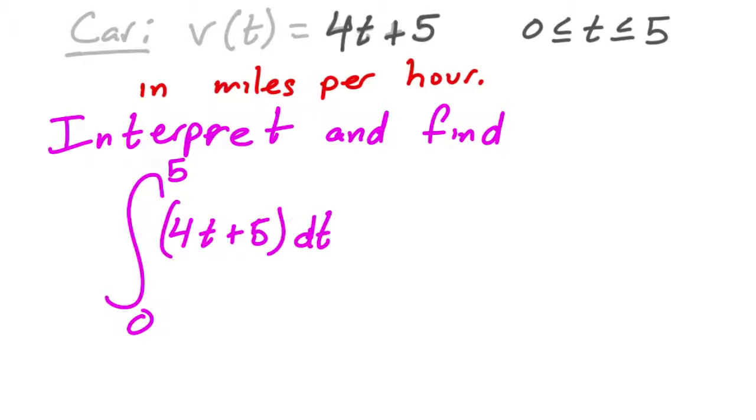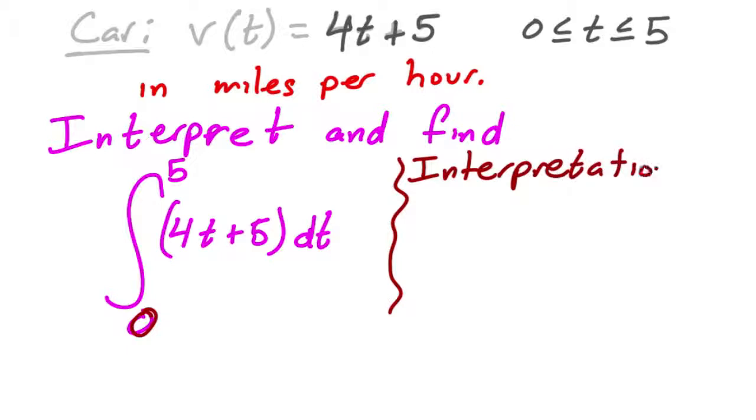Okay. So this integral, basically what you're doing is getting the integral from 0 to 5 of the velocity of this car. So now, to be able to interpret it, it's really, really important that you have the units.